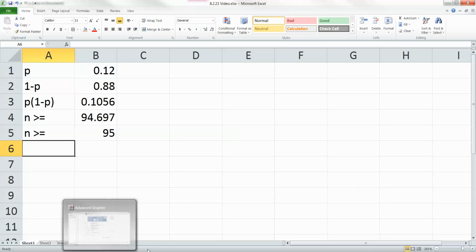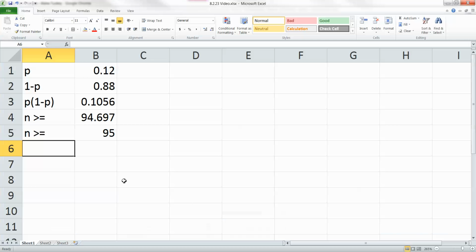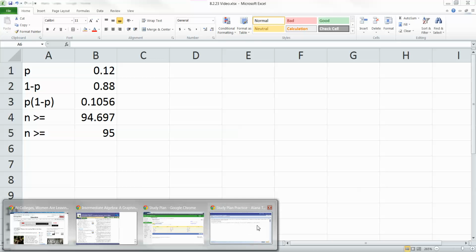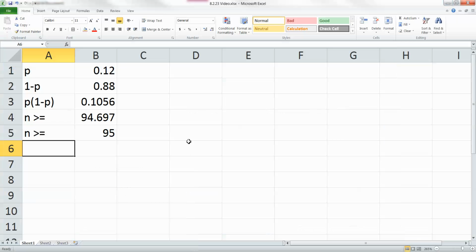Now remember, they already polled a certain number of people. They polled 35 people. So n0 is equal to 35, that's how many people they polled.